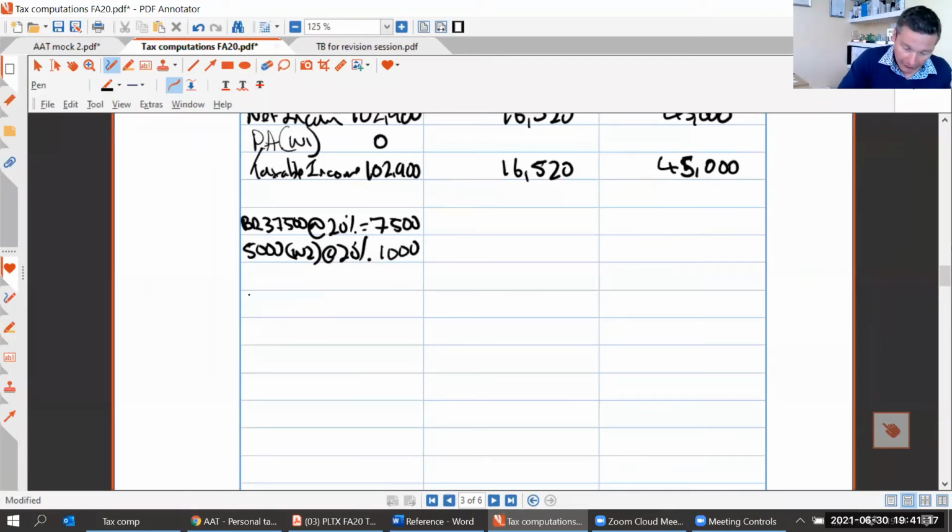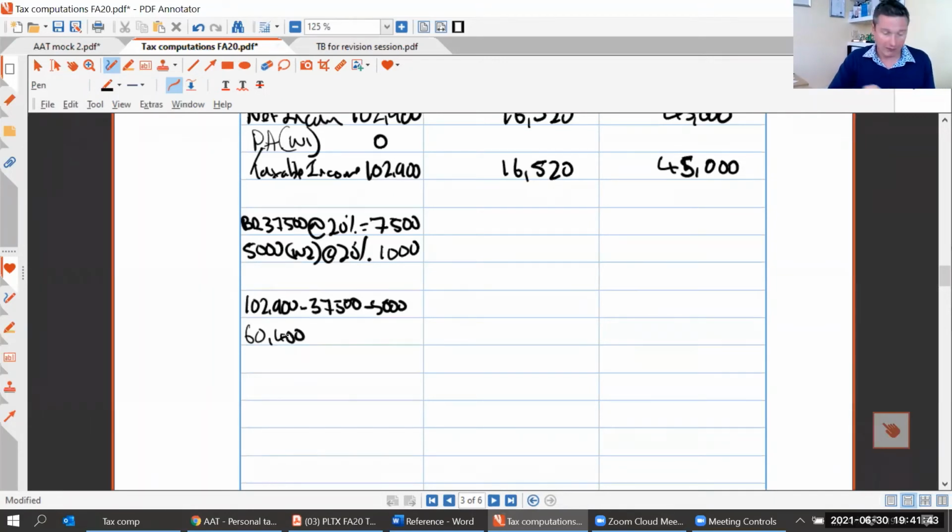Of the 102,900, we've taxed 37,500. We've taxed another £5,000. That leaves us with 102,900 minus £37,500 minus £5,000, which gives us a figure of 60,400.